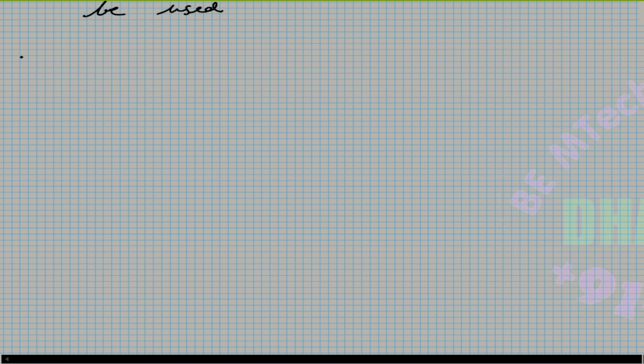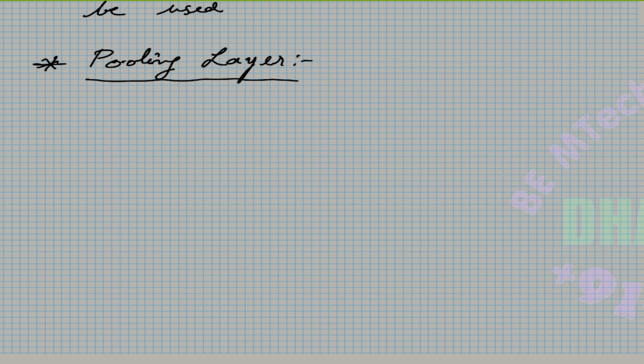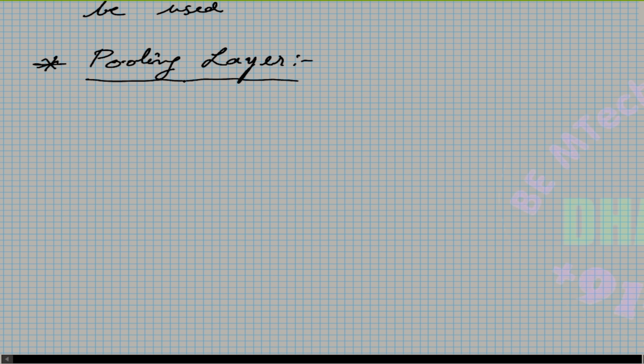That layer we have never considered, and now we are going to look at that particular layer, and that layer is called the pooling layer. We have seen that pooling layer is used to reduce the size of the image, as it combines the neighboring pixels of a certain area of the image into a single representative value. So we already have defined this.